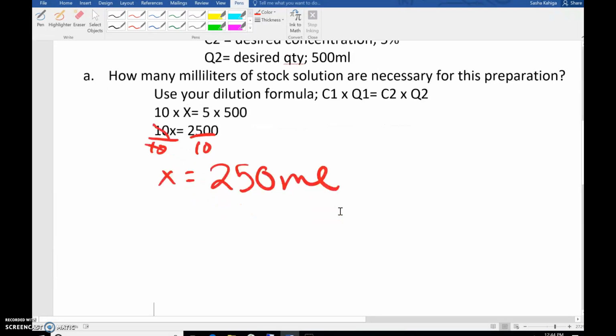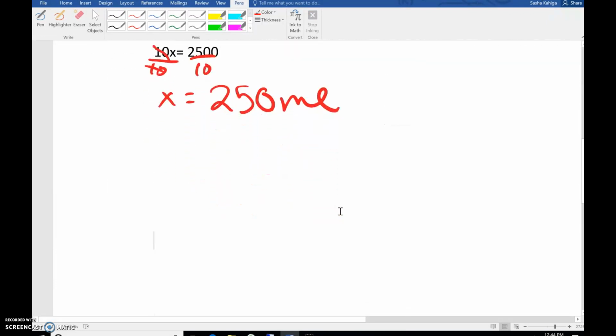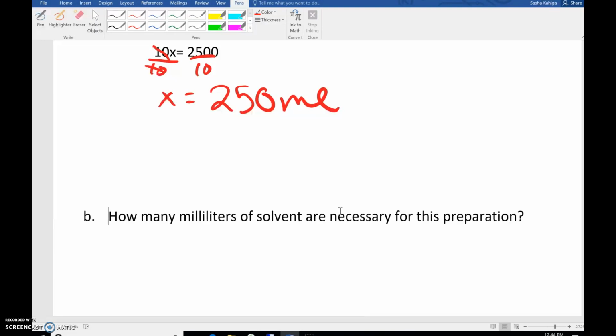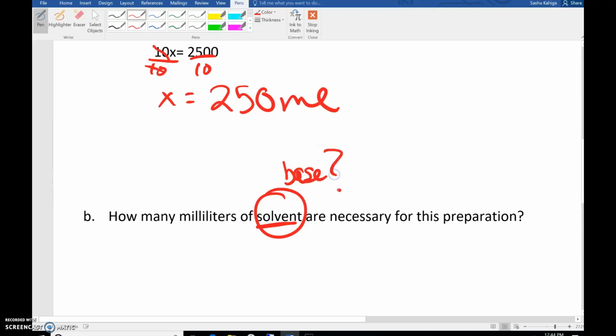Well, your next question, B, says how many milliliters of solvent are necessary for this preparation. When it's asking you for how many milliliters of solvent, they want to know how much of the preparation of 500 milliliters is base.